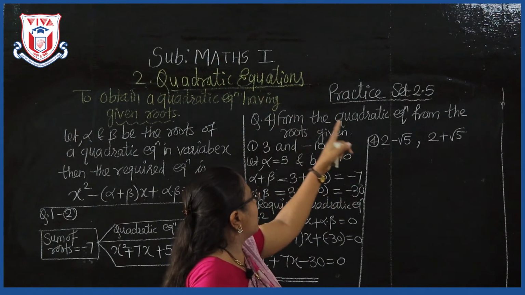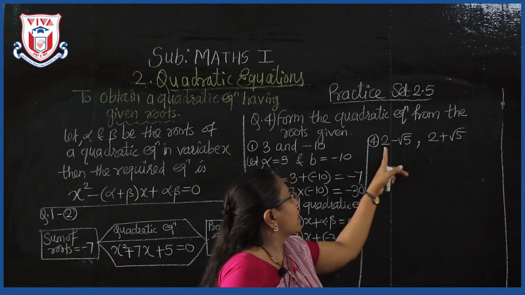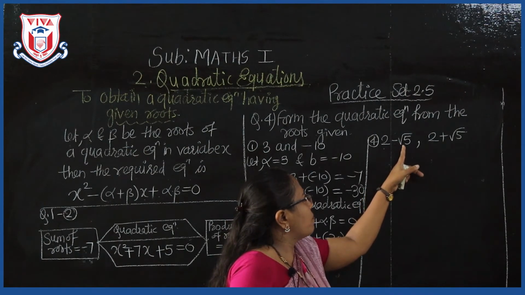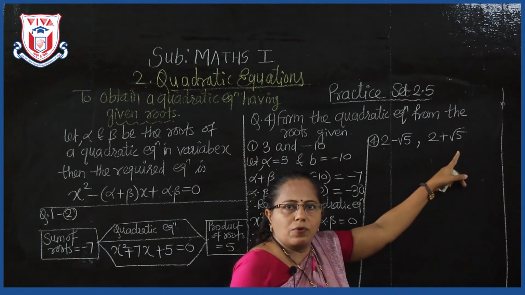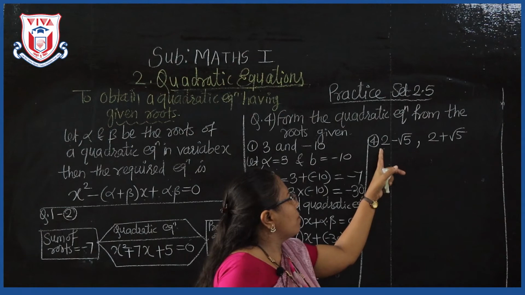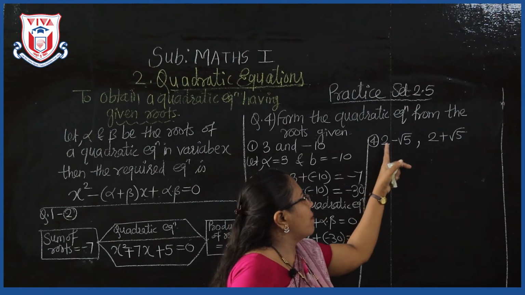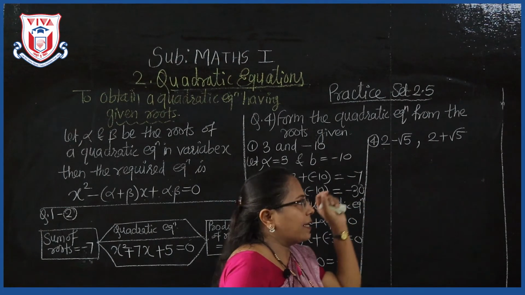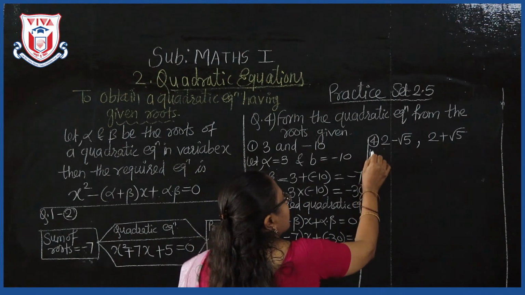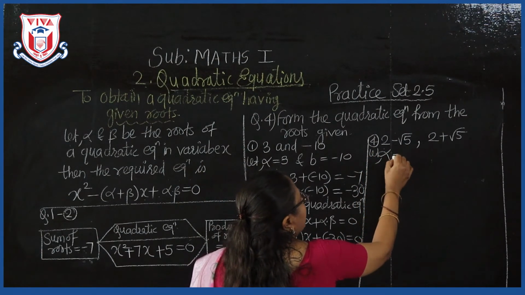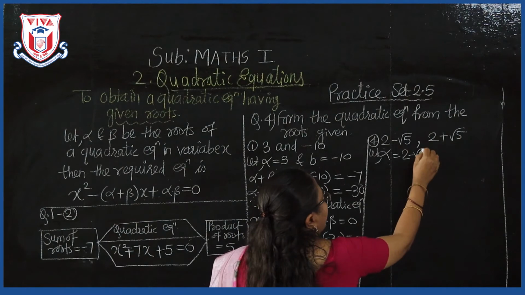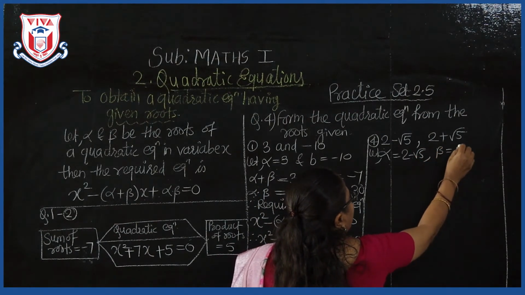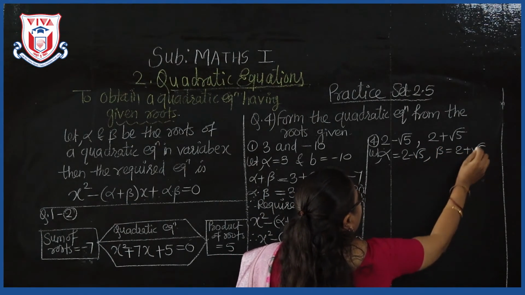From the same question, fourth one. The roots are given, 2 minus root 5 and 2 plus root 5. So according to our previous step, this is alpha, this one is beta. So let alpha equal to 2 minus root 5 and beta equal to 2 plus root 5.